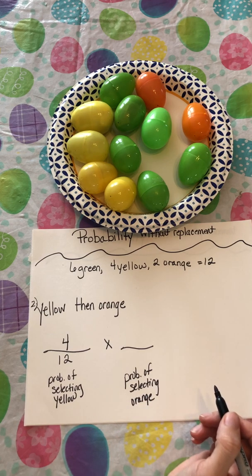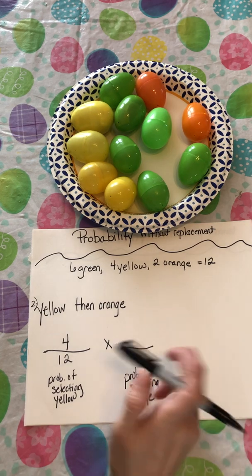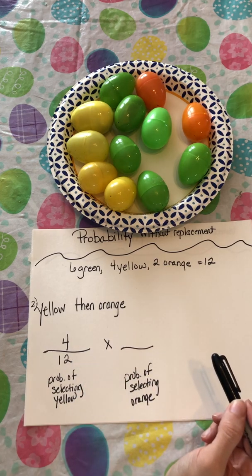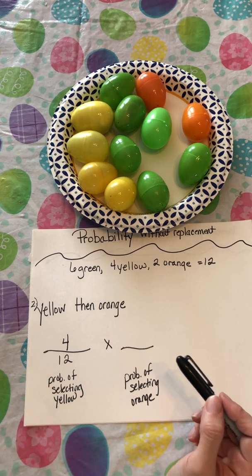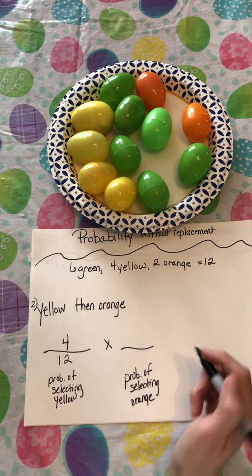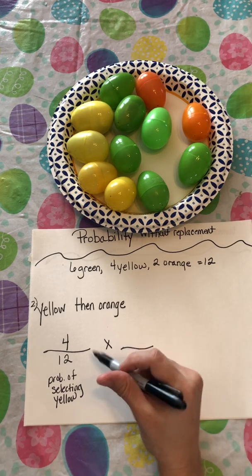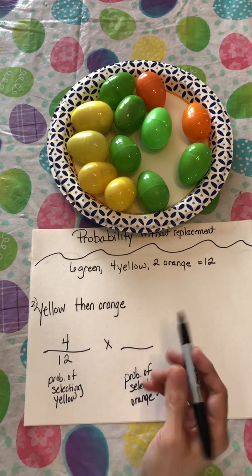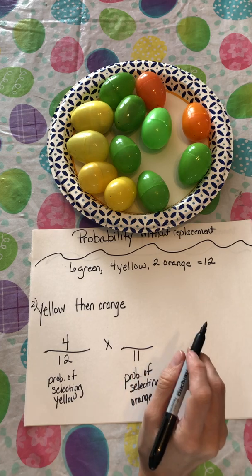Since this is without replacement, and we've already done the first selection, 4 over 12, in our second selection the denominator is going to change to 11.